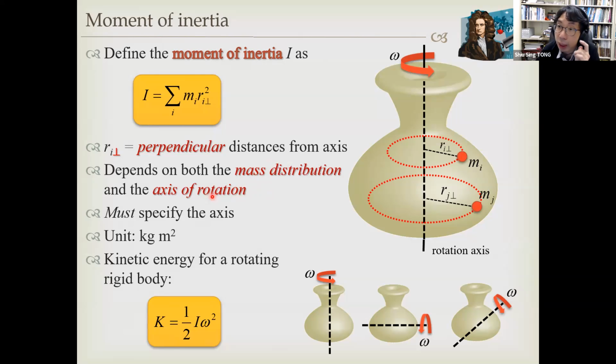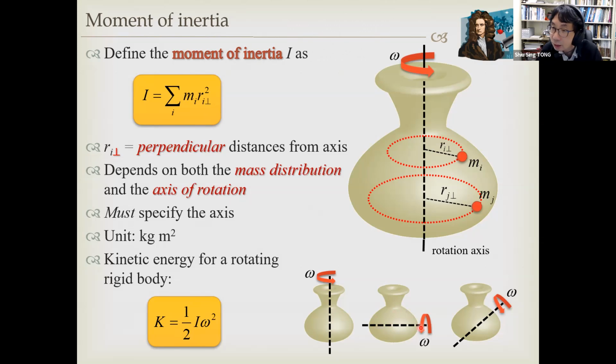But it also depends on the axis of rotation. Now, in this simple diagram, we assume, for example, the axis of rotation is the symmetry axis, right? But it need not be so. You can rotate the whole object about other axes. For example, you can rotate the object about a horizontal axis like this, or you may rotate the object about a tilted axis like this, right? For each of these rotations, the particles will have different distances from the axis of rotation.